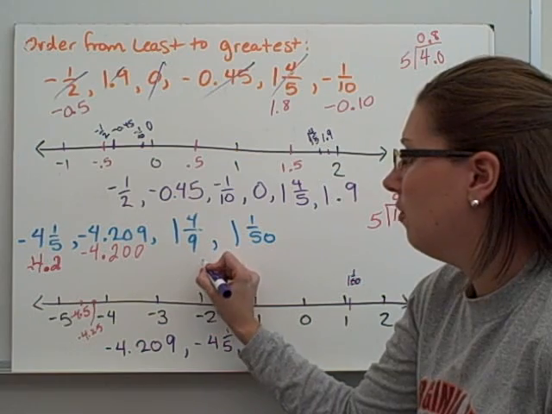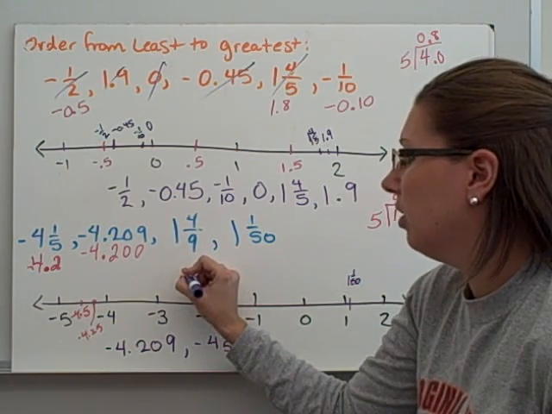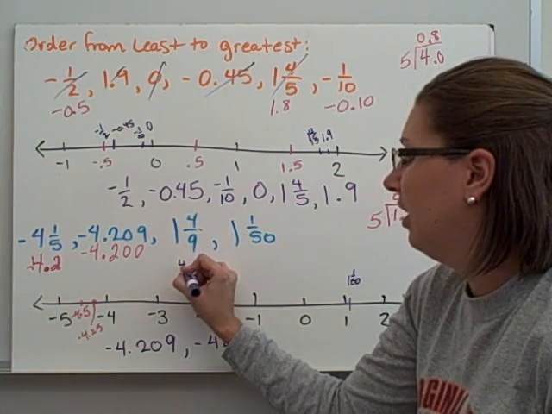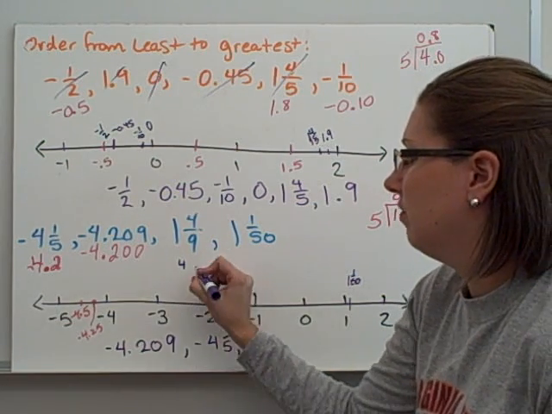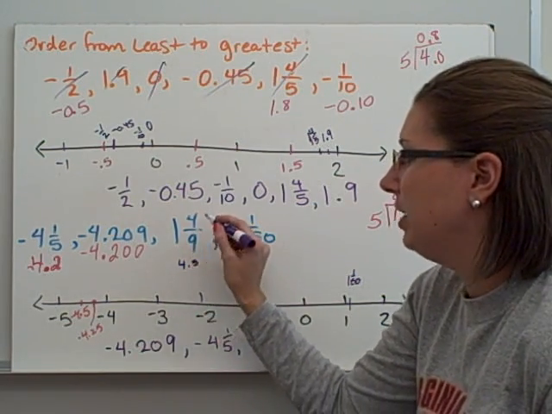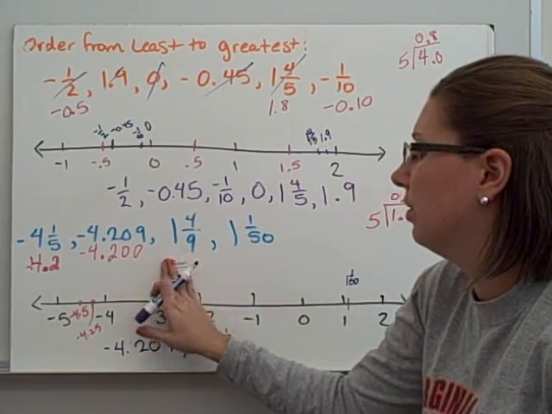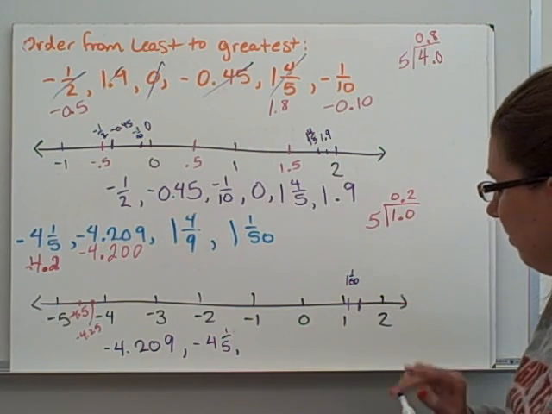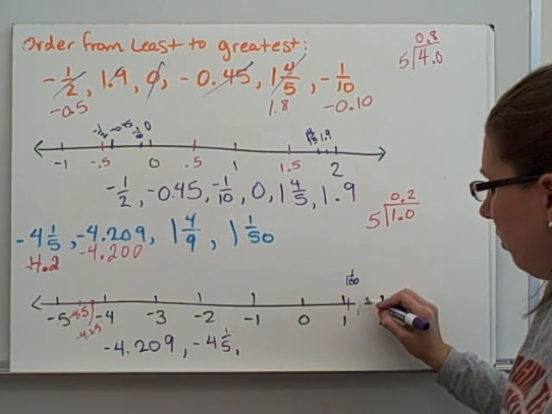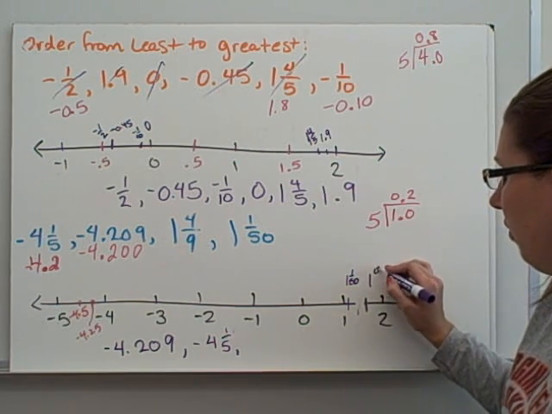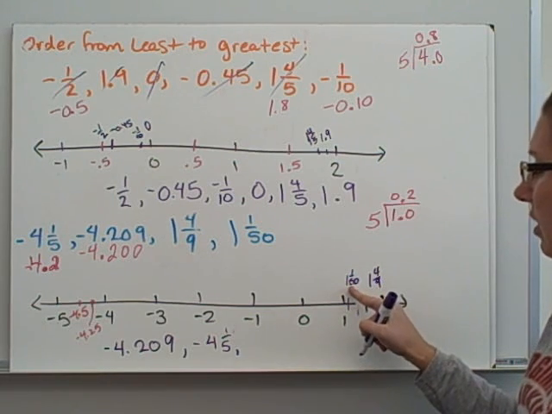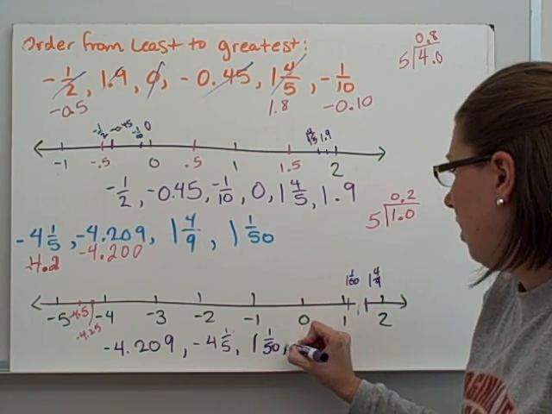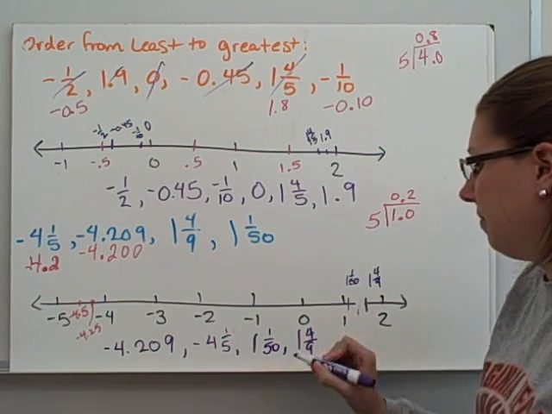I know that because exactly half of 9 is 4.5, and I'm taking 4. So 1.5 will be about here, 1 4/9. So 1 1/50 is smaller than this, so my next number is 1 1/50 and then 1 4/9.